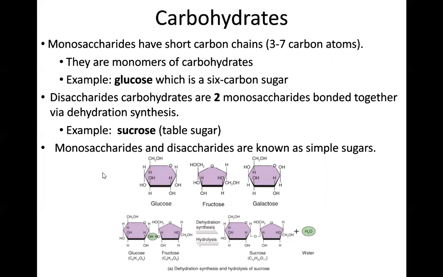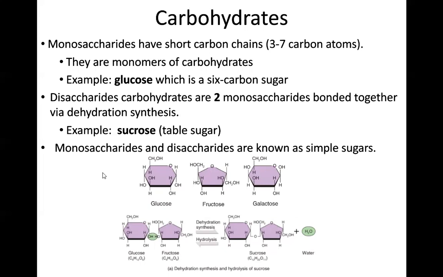Monosaccharides are described as the building blocks or the monomers of our carbohydrates. So these are the individual bricks for our brick house. Okay. They're typically pretty small and short as far as carbons go, 3 to 7, somewhere in that neighborhood.